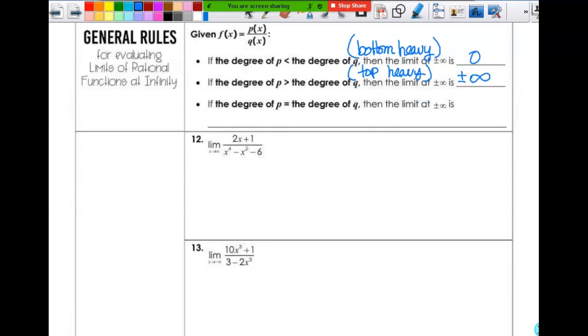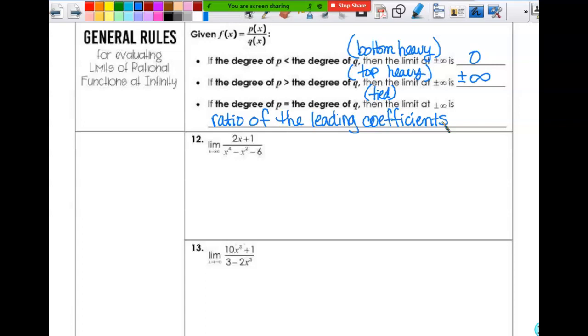And then if the degree of p equals the degree of q, that means that they are tied in degree. Then the limit is the ratio of the leading coefficients. It's the exact same rules as your asymptotes for rationals. So that's how we're going to work these last three.